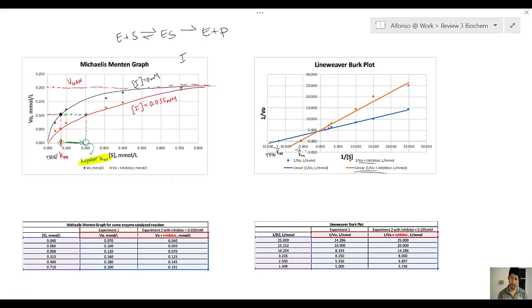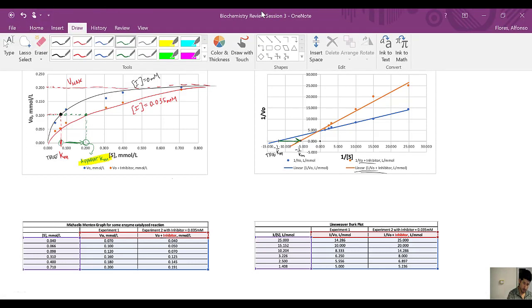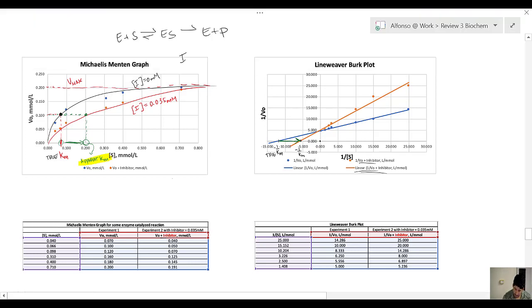So if it shifted to the right, that means that the Km actually increased. Because if Km increases, then the reciprocal of that decreases, which would make sense because it's closer to the point of origin, to 0. So the Km shifted to the right.